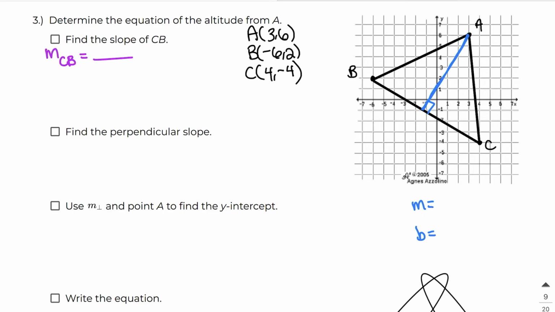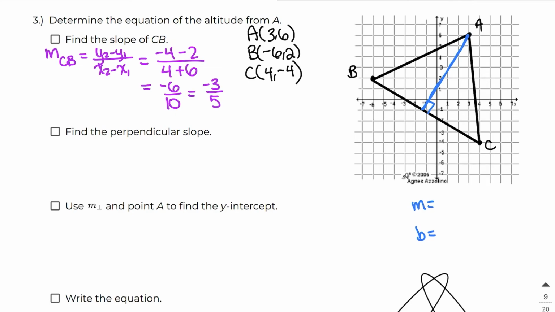So in order to do that, I just plug in my formula. So I'll use y2 minus y1 over x2 minus x1. I'm going to use these two coordinates right here. So y2 is -4, y1 is -2, x2 is 4, x1 is 6. So here I get -6 over 10, which reduces to -3 over 5.